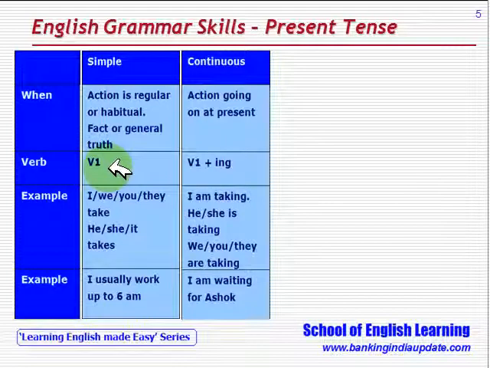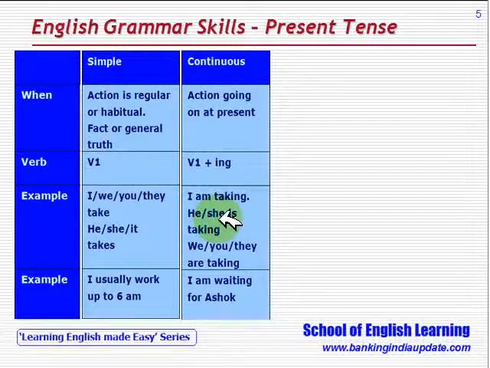After present simple, we shall now use present continuous. Present continuous is used when action is going on at present. Here, first form of verb is used plus ing. For example, I am taking.